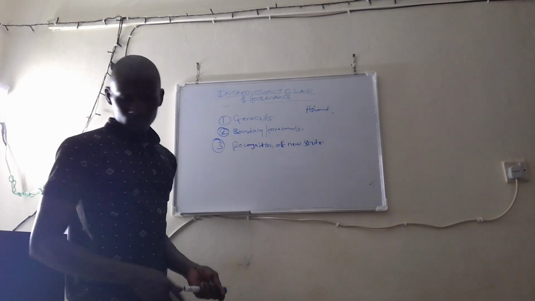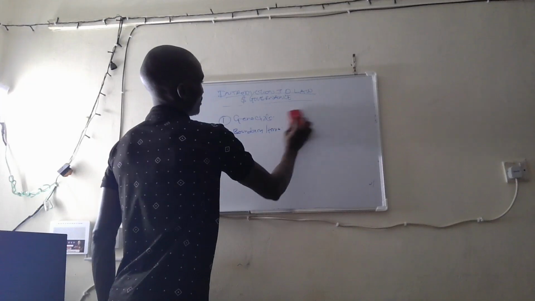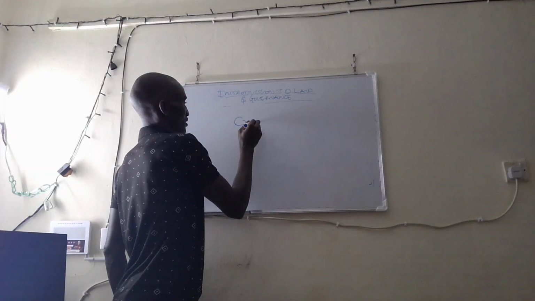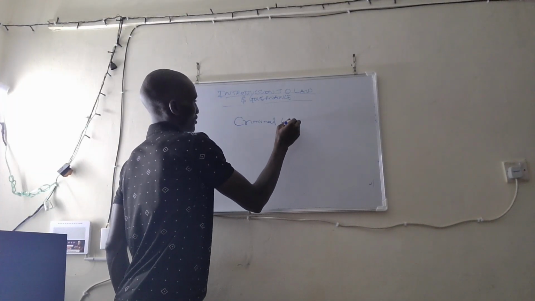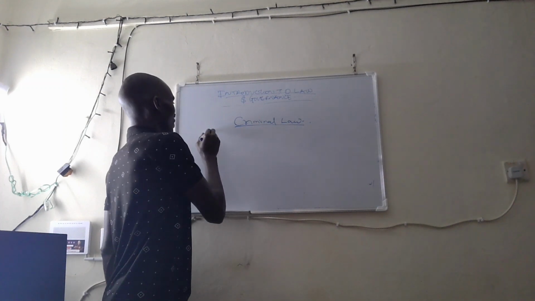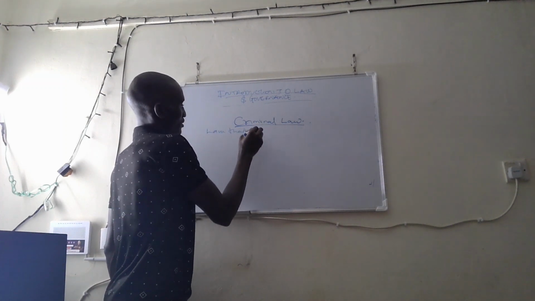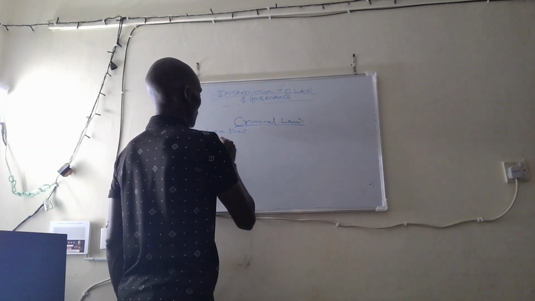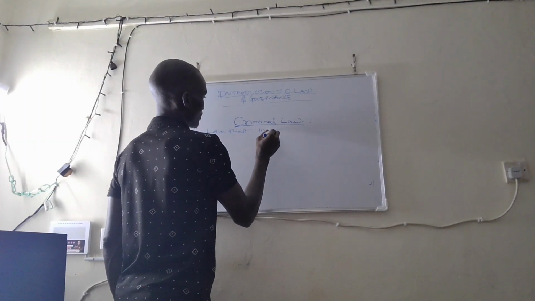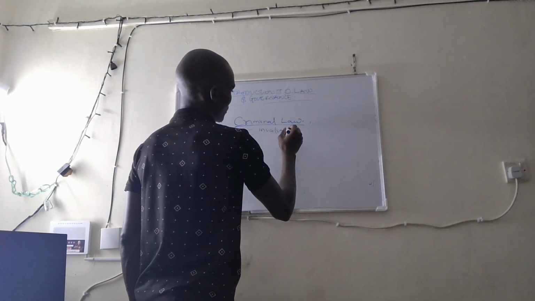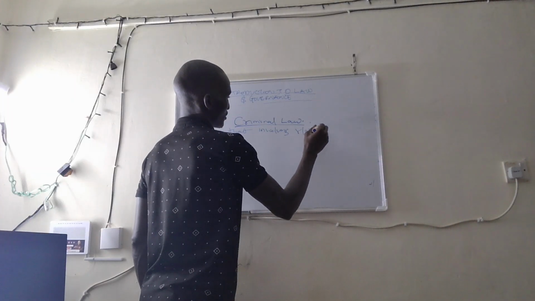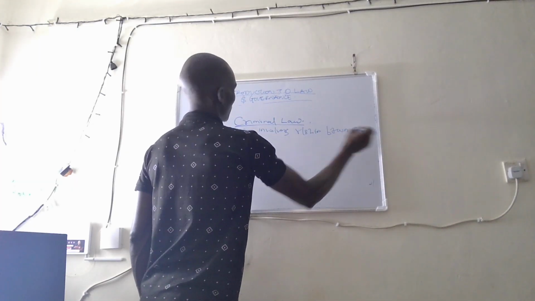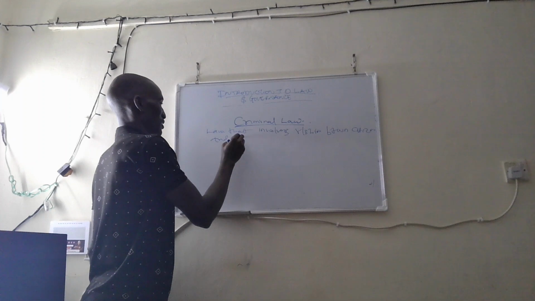Then we have another type of law, which is called criminal law, between a citizen and the state.